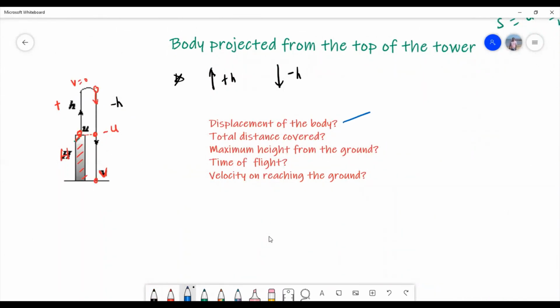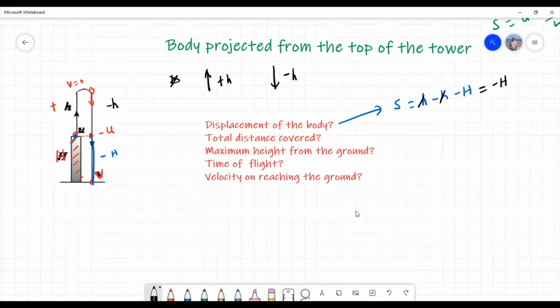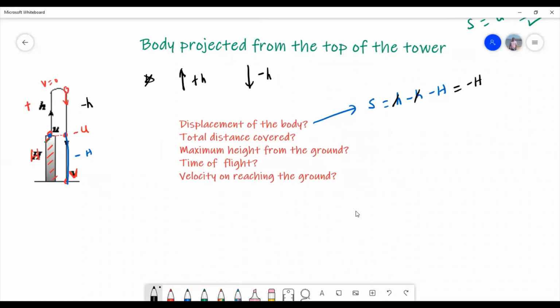It started from here and went up, so plus H, then the same H downward is minus H, and again minus h. So these two cancel, and the total displacement is minus h. The minus sign indicates that the body finally ends up in the downward direction.